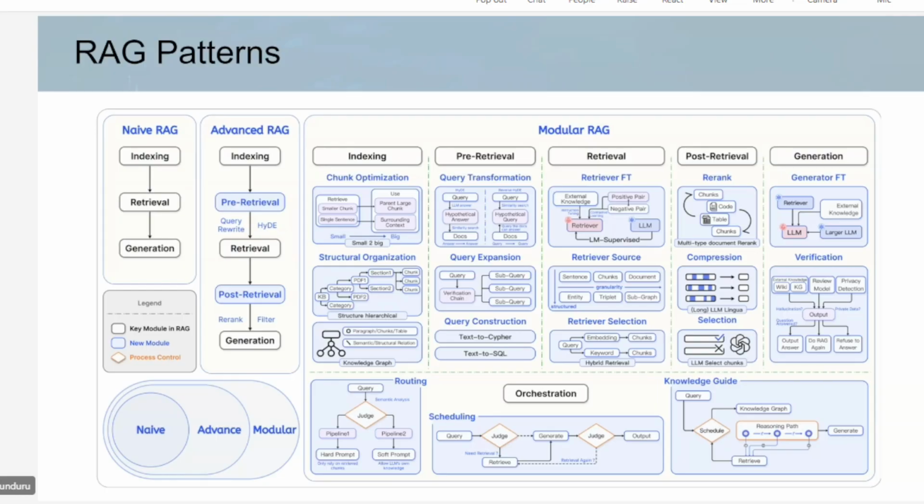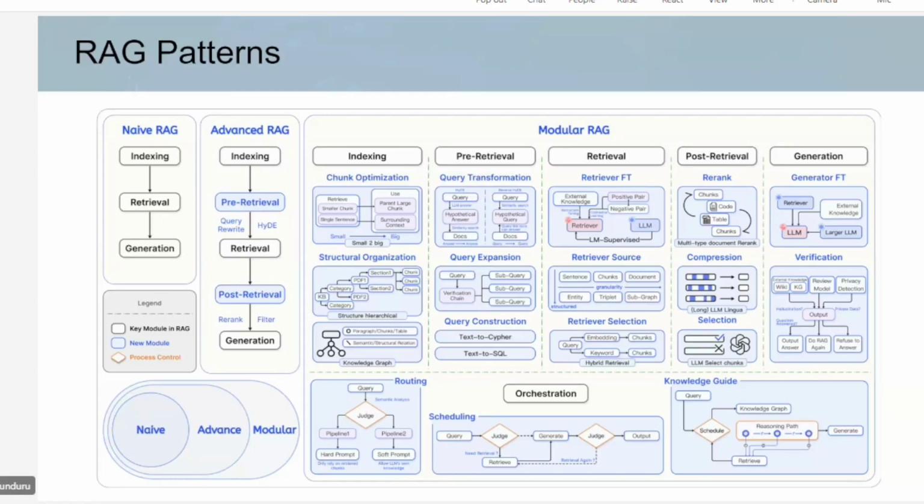But in case of modular RAG, all these things will be iteratively executed until the final output we are expecting is received from that particular LLM. So it comes under modular RAG, and a lot of design patterns are there.